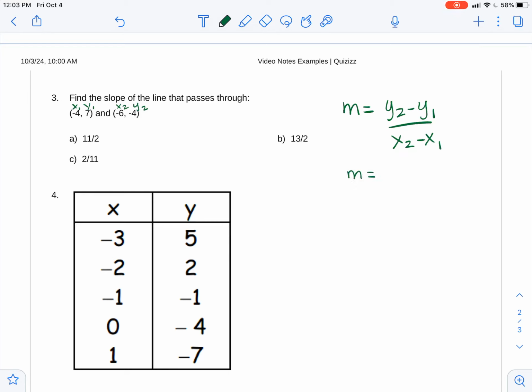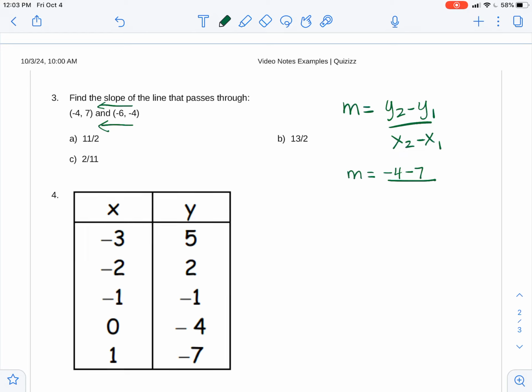The key is remembering that you go the same direction both times. What I mean by that is if I am subtracting this way with my x's, I must subtract this way with my y's. I can't go one way and then the other. So I would say -4 minus 7, that would be my numerator.